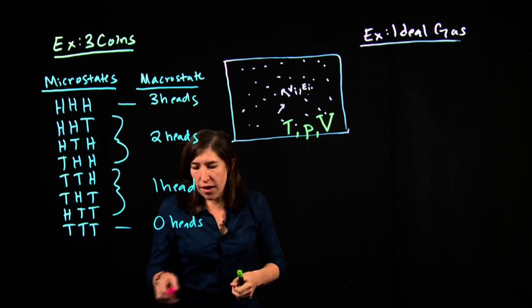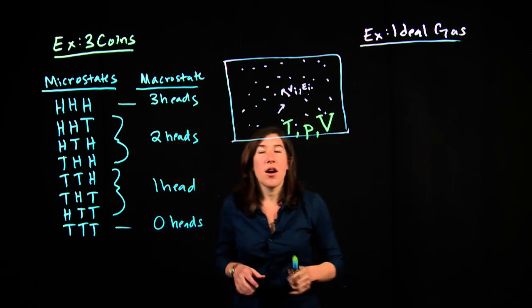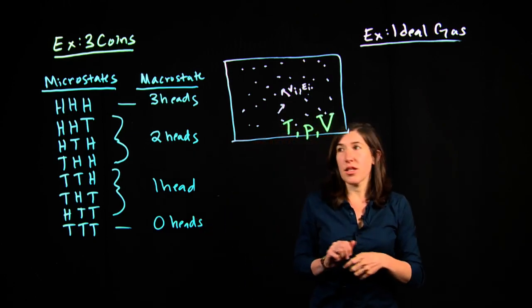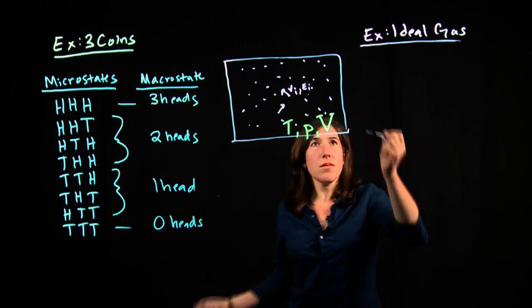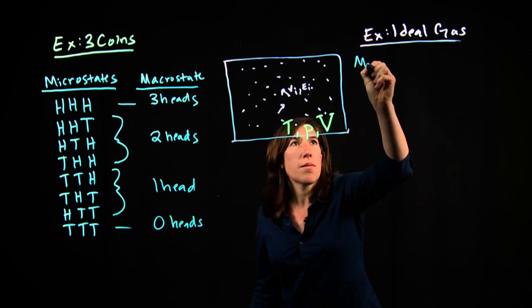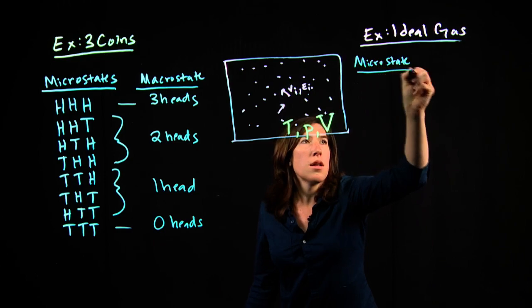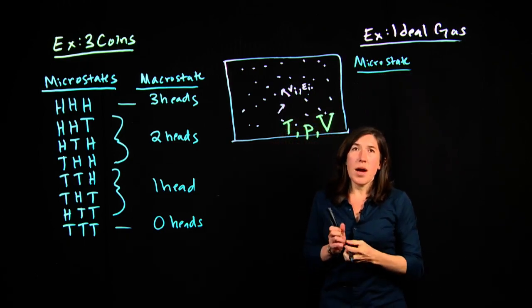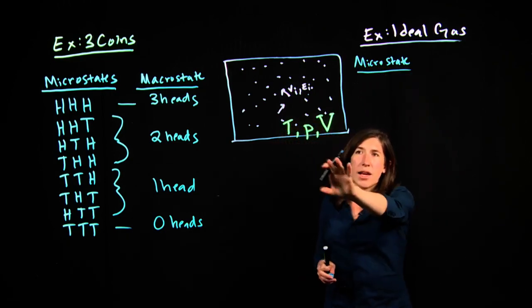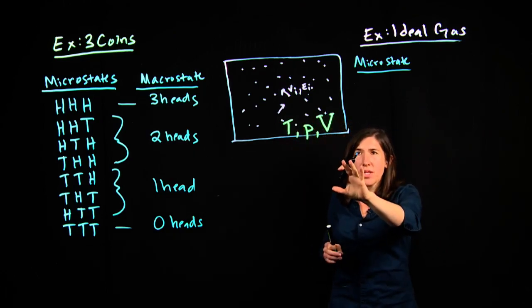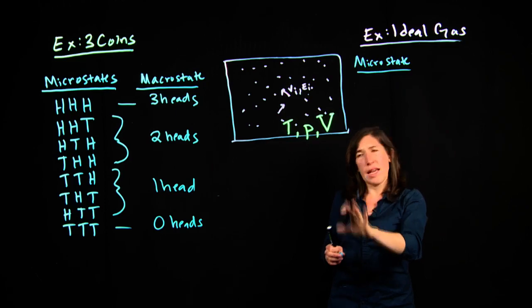So now let's think about which of these properties describe the microstate and which describe the macrostate. The microstate properties are the ones where, if you know the microstate of this ideal gas, you know all of the information.